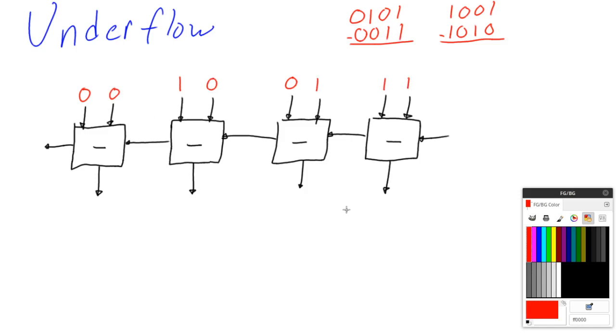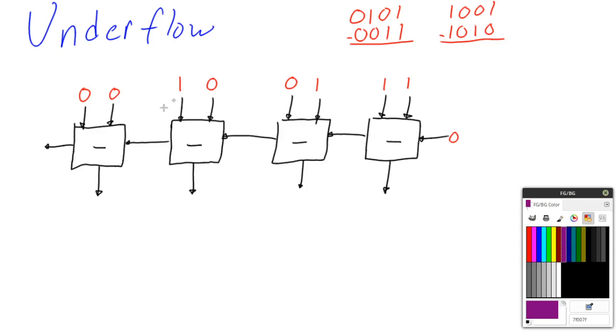Also, for this input here, we're going to assume that we're not borrowing anything from this place. There's no column to the right of it, so we're not borrowing anything. So we're going to have a borrow of 0. Let's see what we end up with here.